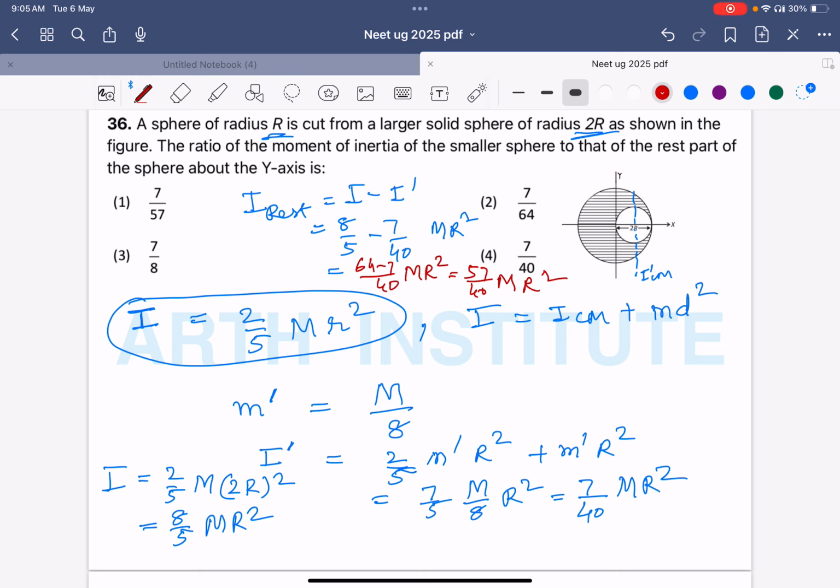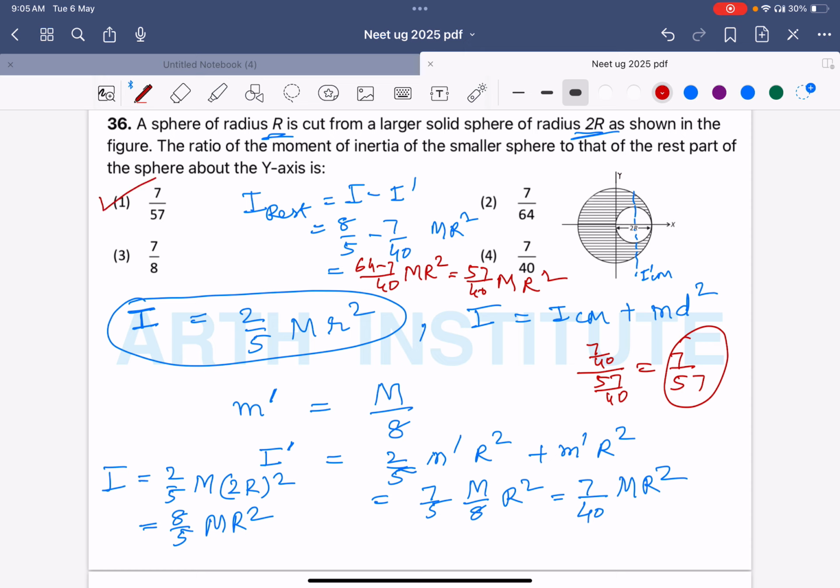And now what has been asked? It is the ratio of the moment of inertia of the smaller part to that of the rest. The smaller part was 7 by 40 and the rest part is 57 by 40. So the answer is 7 by 57. So the correct answer is the first option.